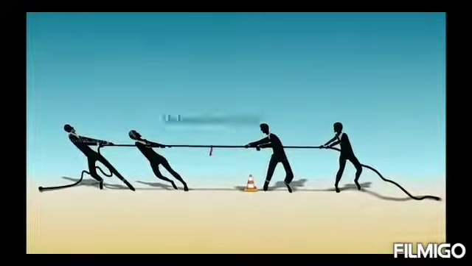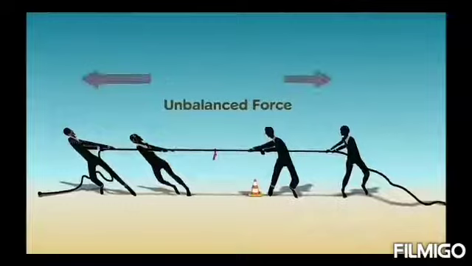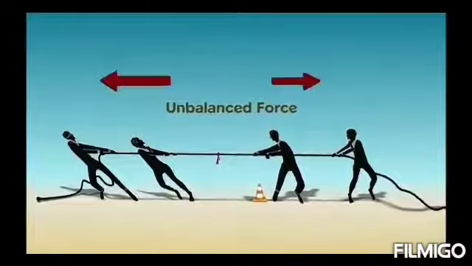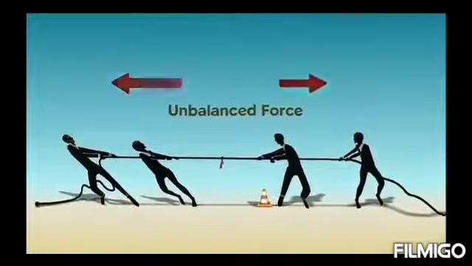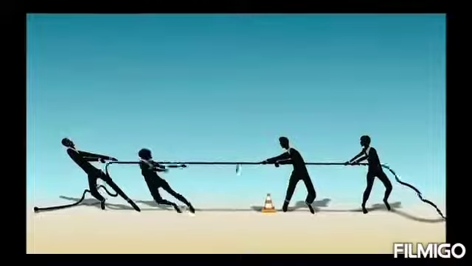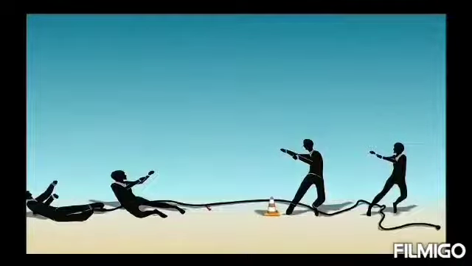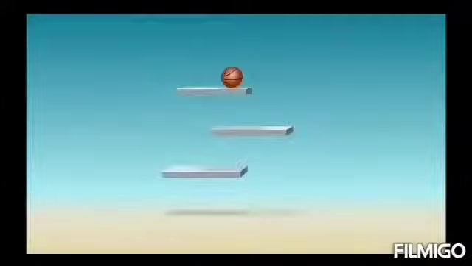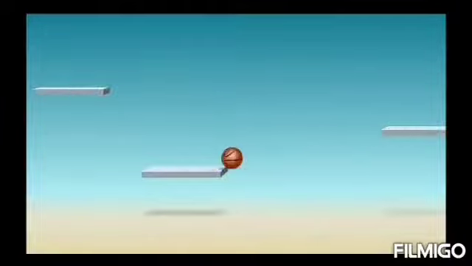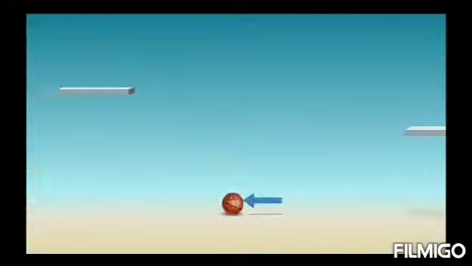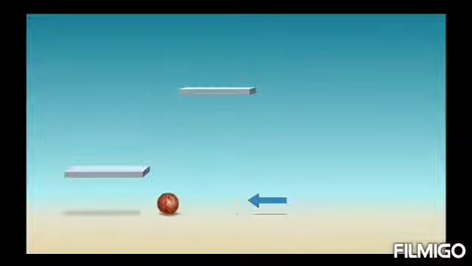In this case, the force is an unbalanced force, as the forces are of unequal magnitude in opposite directions. If one of the teams lets go of the rope, the opposite team falls backward. This tendency to fall backward when the rope is let go is due to inertia. If an object is at rest, it tends to remain at rest, and if it is in motion, it tends to stay in motion. This property of an object is called inertia.